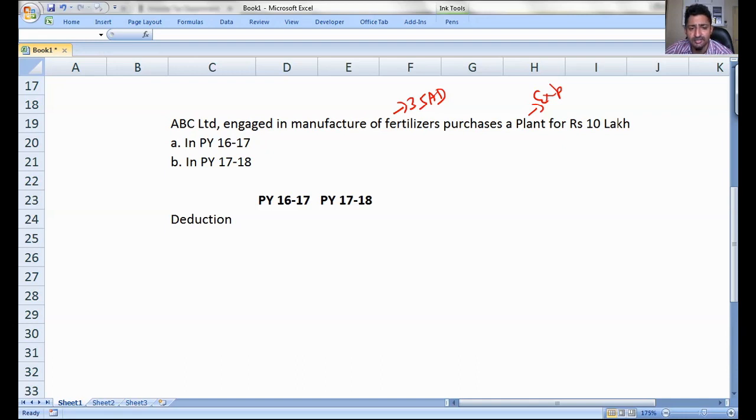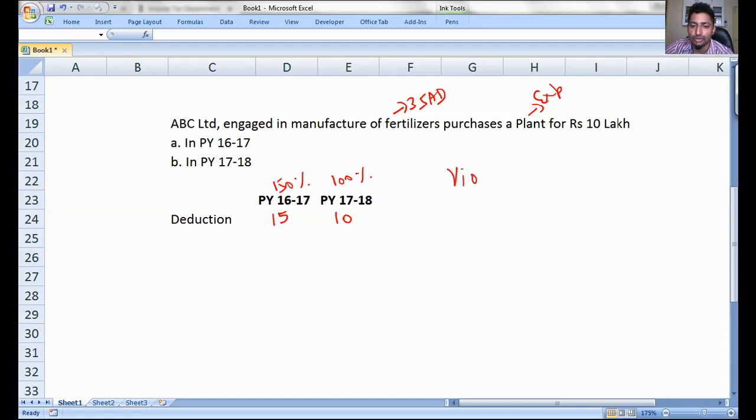Remember, in 16-17, the fertilizer business is a 35AD business which was eligible for 150% deduction, and hence the deduction that the business could claim was 15 lakh rupees. From 17-18 onwards, the deduction has been brought down to 100%. So the deduction will now be 10 lakh. Now this part is pretty simple.